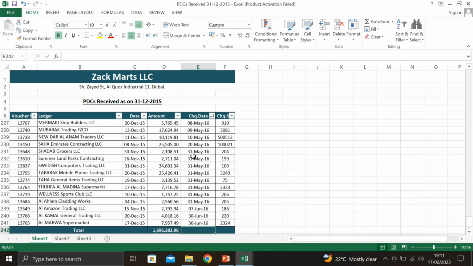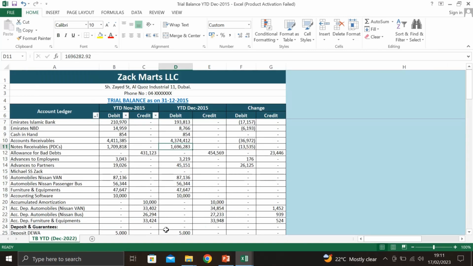If you see the total, it is 1.696 million, and in the trial balance it is also 1.696 million, the same amount, so this is also reconciled. So we have the details of AR, the checks from customers, the supplier balances, and the PDCs issued to the suppliers, all matching with the trial balance.